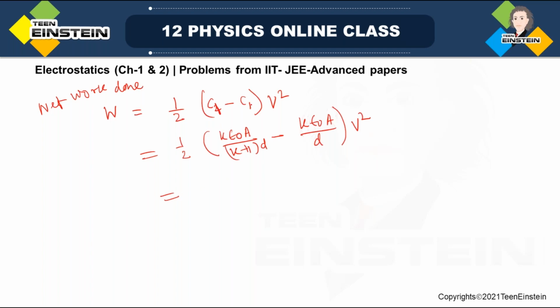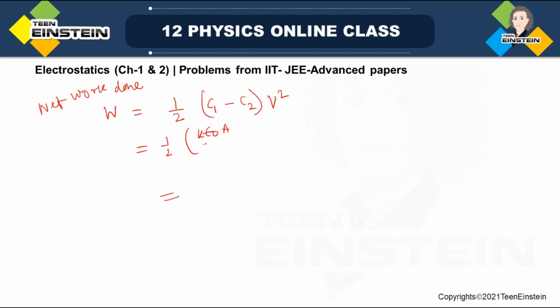Actually, I should have done this as C1 minus C2, because the capacitance has got reduced. So it will be half, C1 is K epsilon 0 A by D, minus K epsilon naught A by K plus 1 into D, into V square.